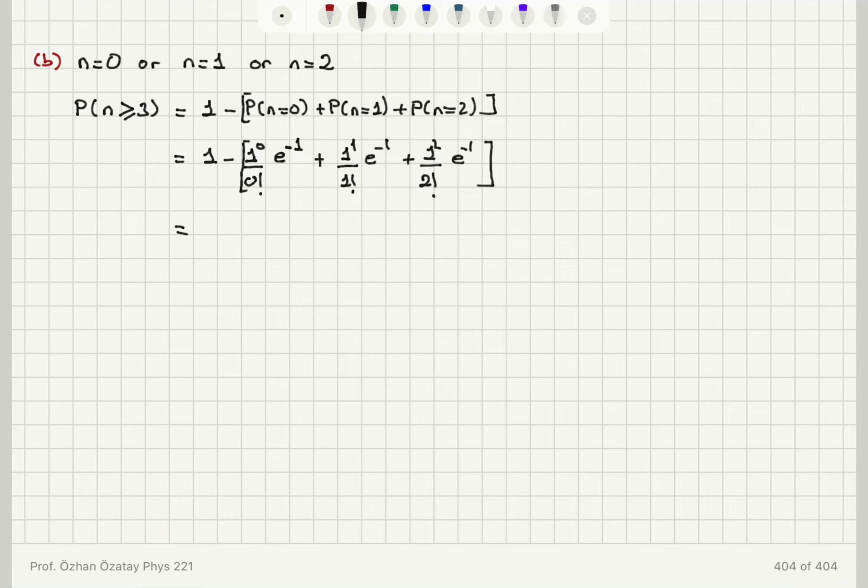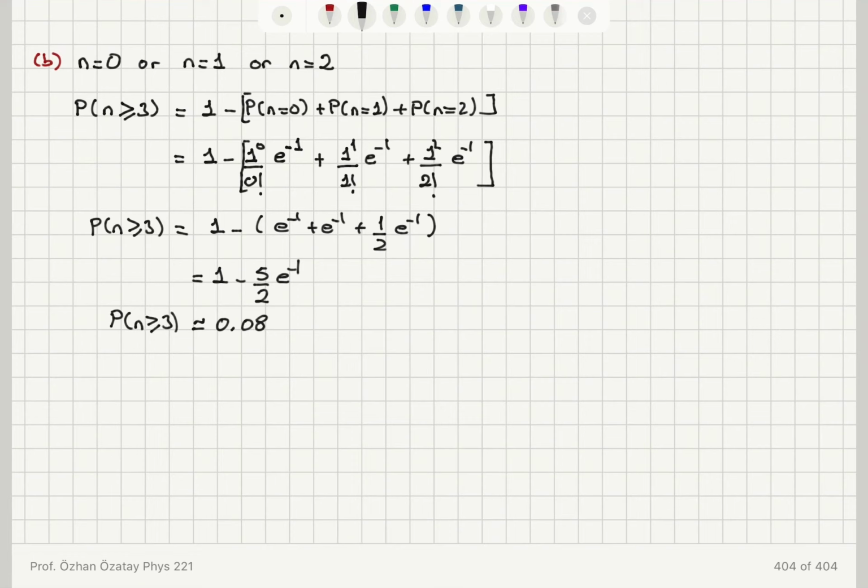So I find that the probability that n is greater or equal to 3 would be 1 minus e to the minus 1, plus e to the minus 1, plus 1 over 2 e to the minus 1. So this would be 1 minus 5 over 2 e to the minus 1. If you calculate this, it is approximately 0.08. So the probability that a page contains at least 3 misprints is rather low, as expected.